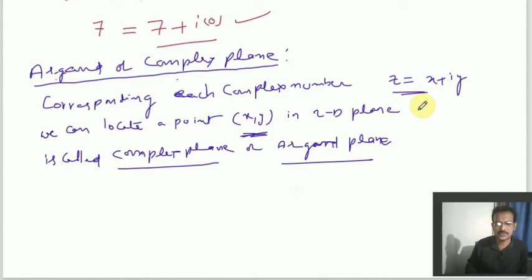Suppose z is equal to alpha, beta. Then (alpha, beta) can be located in the 2D plane by taking the horizontal line as the real axis and the vertical line as the y axis, or imaginary axis. Suppose z is equal to x plus iy.